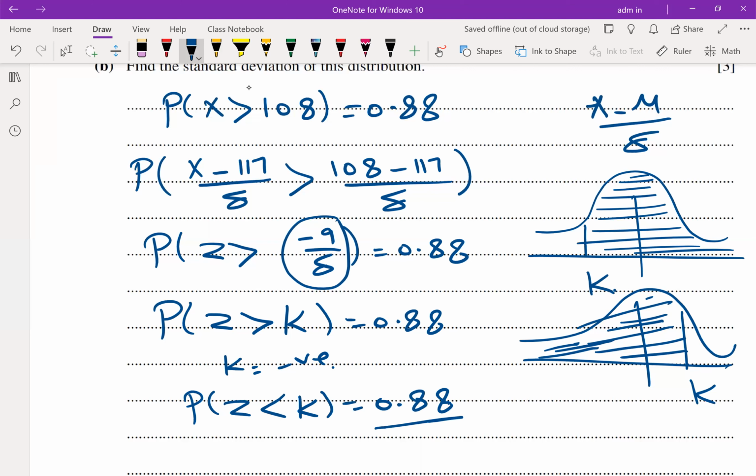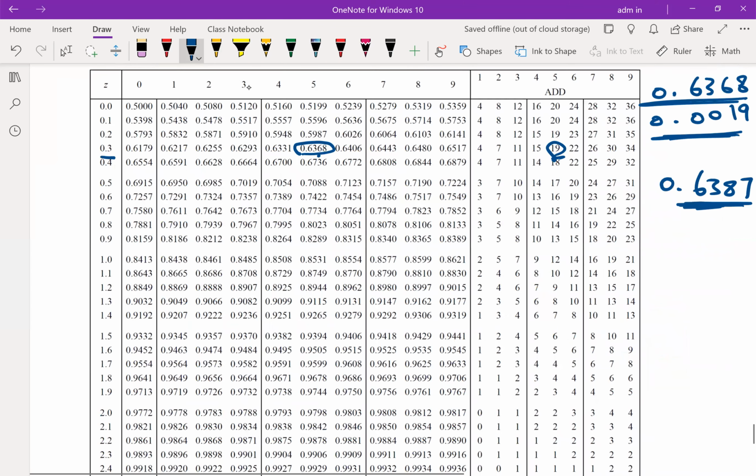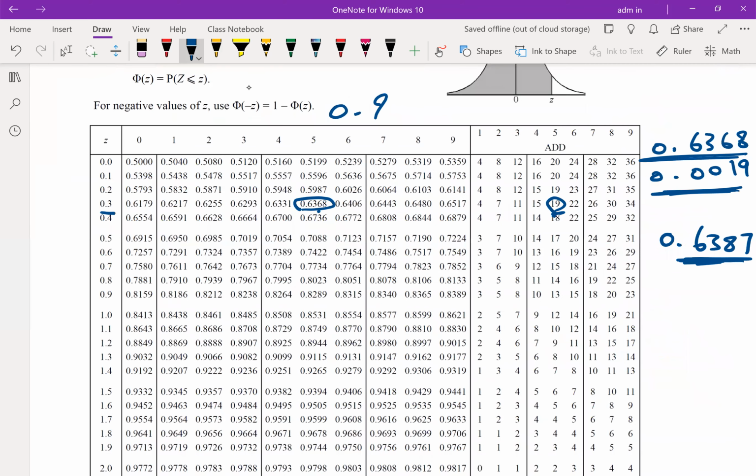Now we'll search the table for 0.88. Looking for 0.8800, we find 0.8790 is the closest below it.